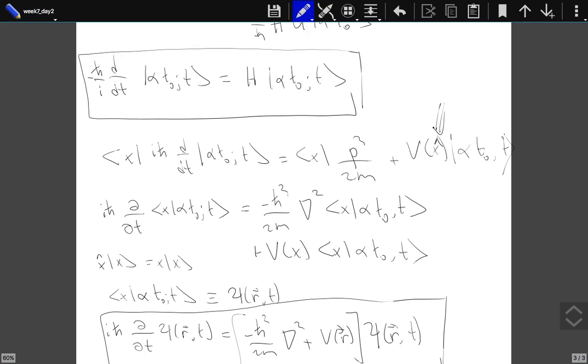You just go to other generalized coordinates. Here what we had done was we basically said that the quantum commutation relations of the position and momentum are equal to the classical Poisson brackets up to a proportionality constant of i h bar. It works only in Cartesian coordinates. If you go to spherical coordinates, it doesn't work.